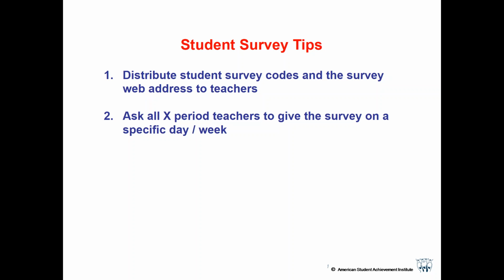So I think that's just the easiest way to survey students. If you're in an elementary school, you could say, whoever you have at 9 o'clock on Tuesdays, please survey them at some point during the next 4 weeks or during the survey window. Okay, so that's the student survey.